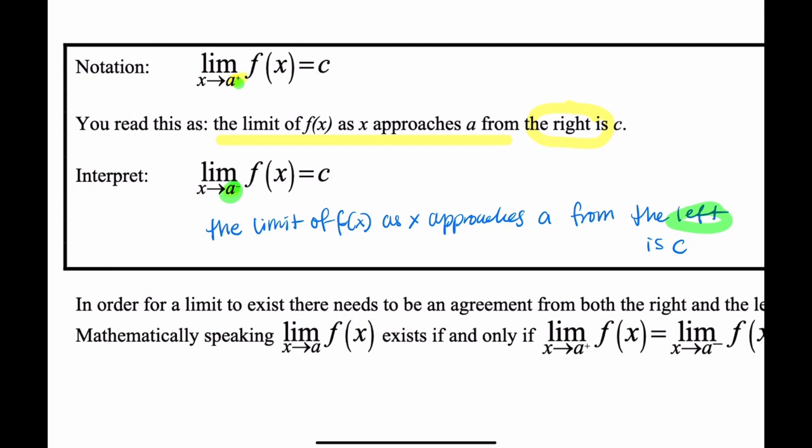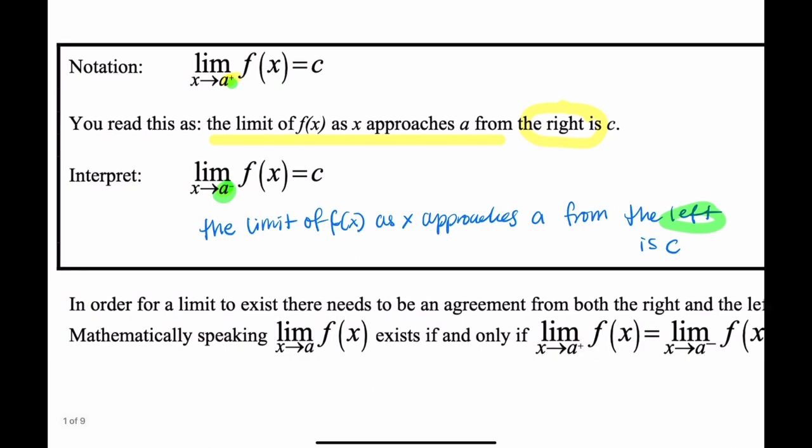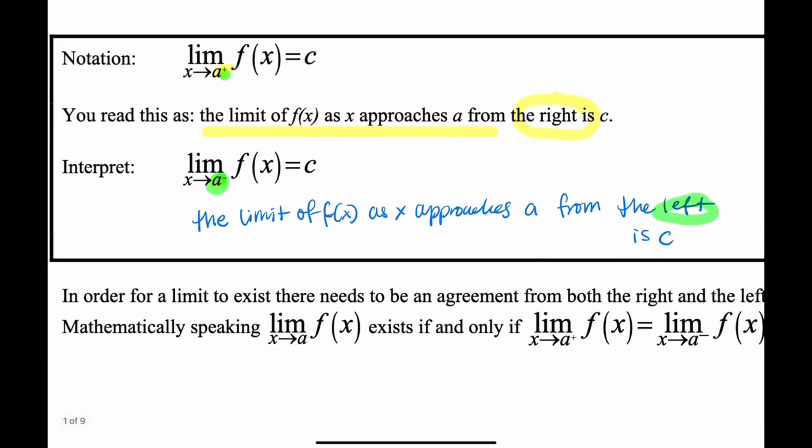In order for a limit to exist, there needs to be an agreement from both the right and the left side. This tells me that there's also a possibility for limits not to exist. I don't know if you guys have ever seen Mean Girls.